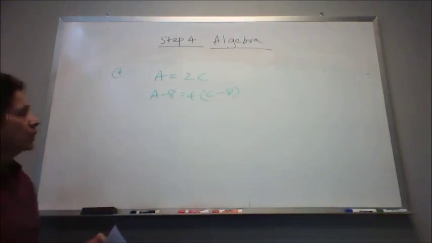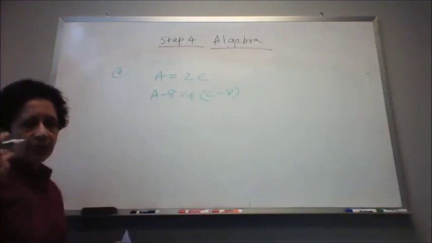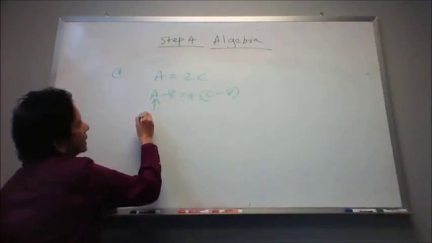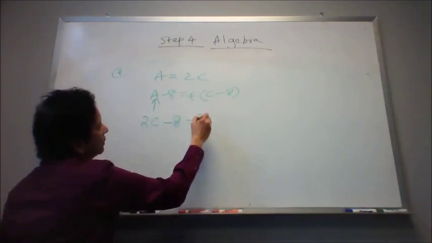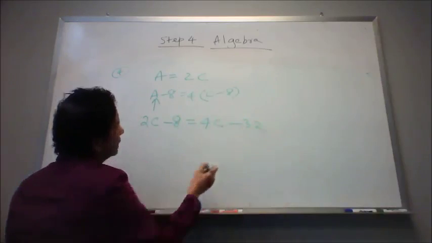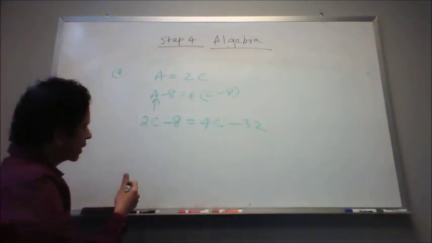So now, just the substitution method, there are 2 unknowns, A and C. So the substitution method we talked about, A equals 2C. So I can just substitute 2C, then minus 8, 4 times C minus 8. 4 times minus 8 is minus 32, right? So then I can bring all the letters to one side, all the numbers to the other side.